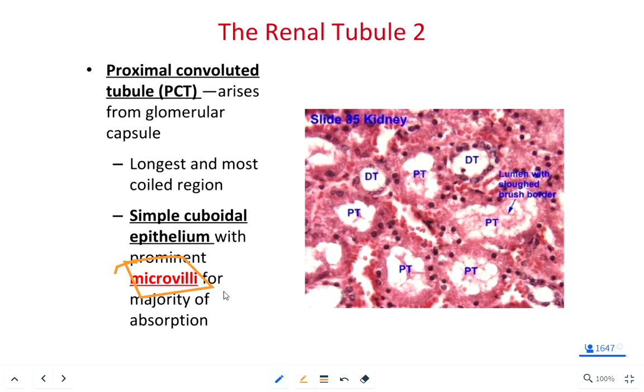You have to train your eye to look for these on these microscope slides. Proximal convoluted tubules on microscope slides are going to have these microvilli sloughed off in the preparation process, so you'll see some fibers, some little strands inside of the tube or the opening that's the proximal convoluted tubule.